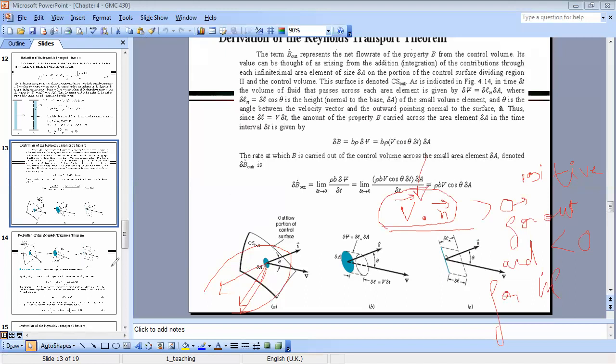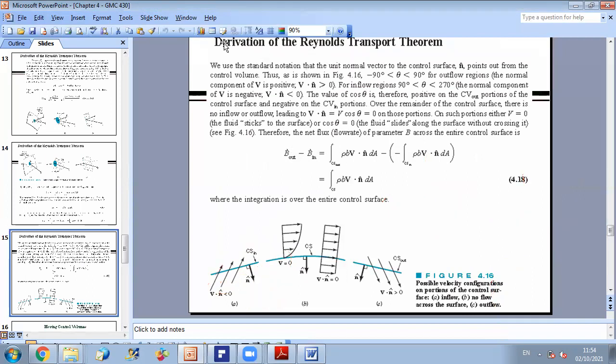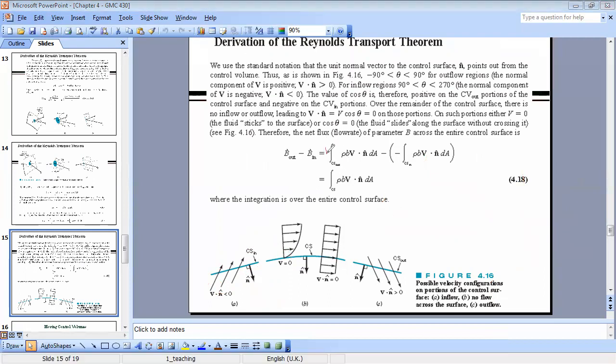This is why for any general case, I can say B out minus B in, because as we said, everything that is going out is accounted as positive and everything that is coming in is accounted as negative. And v dot n automatically gives me this sign. It gives a positive result for an outlet, a negative result for an inlet.